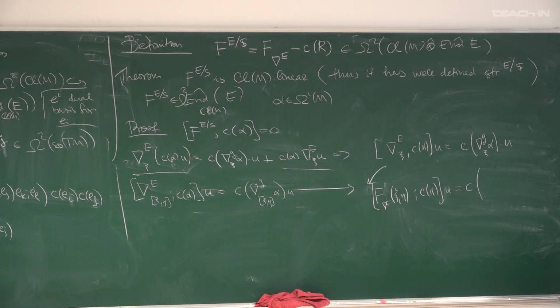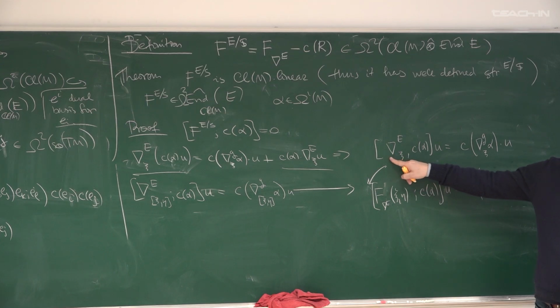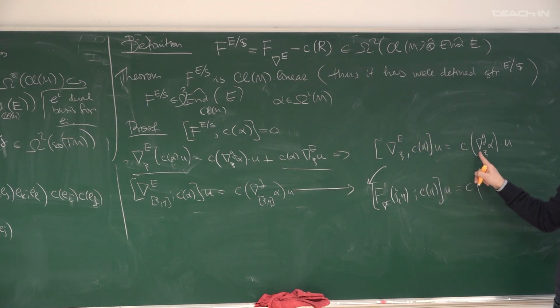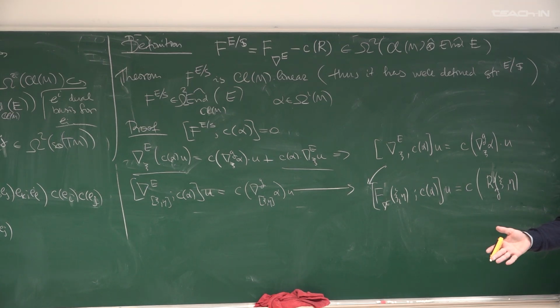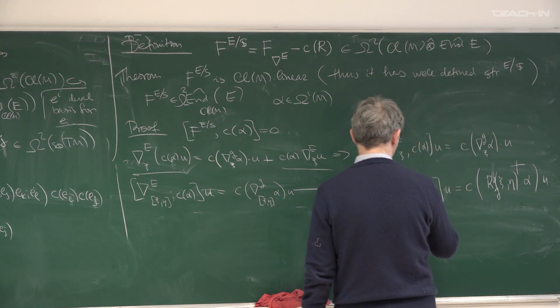Of R, not F, because you see that taking the commutator of the Clifford action with the covariant derivative in E, you obtain the covariant derivative in the manifold itself. So here you have the curvature RG. So we wrote G here. But to be honest, the curvature acts on vectors, and alpha is a differential form. So I write here the metric dual. Okay? So this thing itself does not commute with the Clifford action.